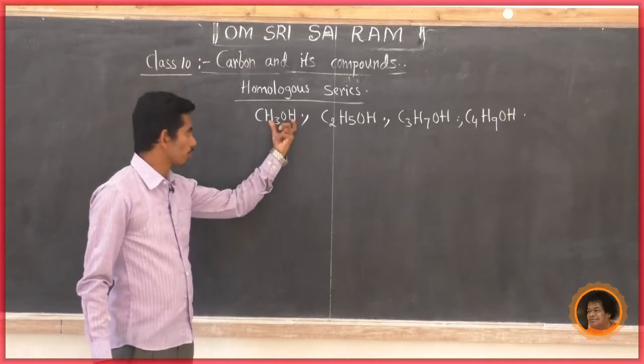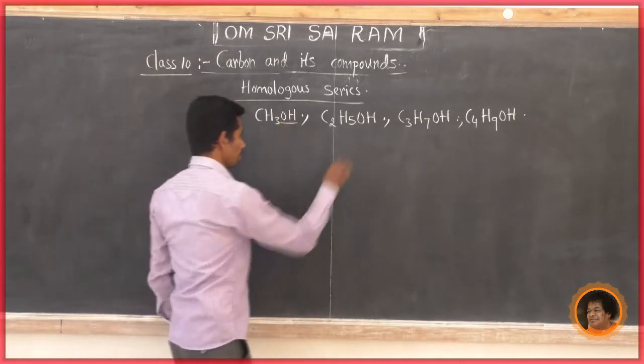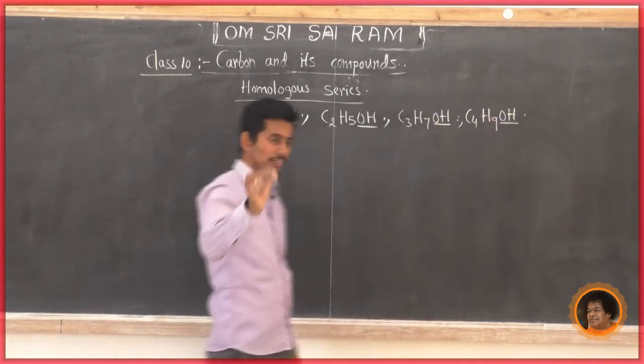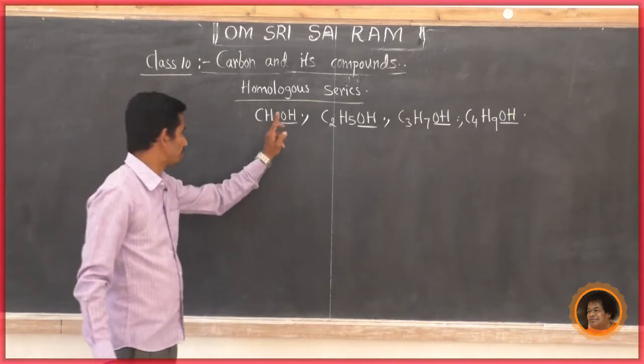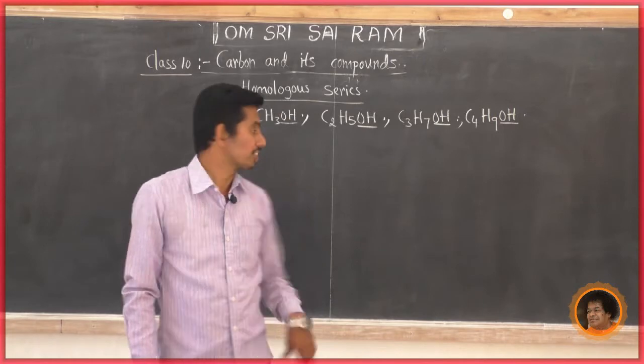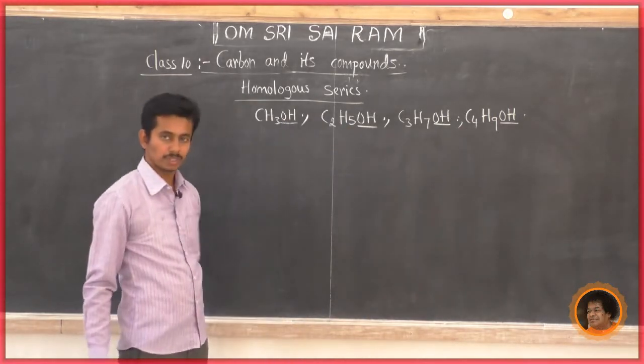Which one is the functional group for this sequence of compounds? OH is the functional group. For every compound that contains OH as a functional group, OH is the functional group for this sequence of compounds.